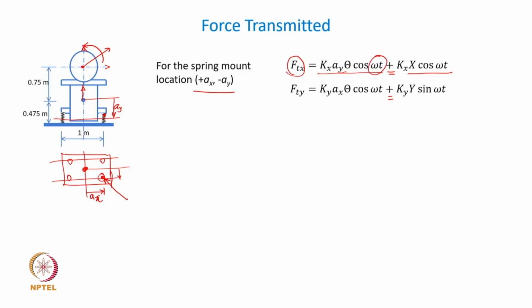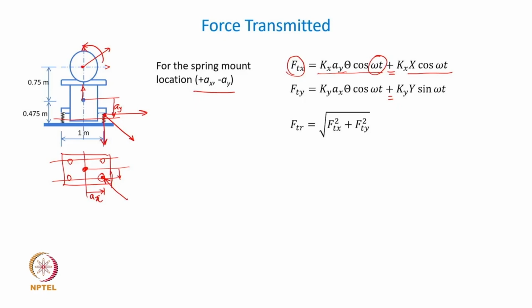Now, to find the maximum value transmitted, we will have to get the expression for the transmitted force. So, the transmitted force through this will have its x component and it will have its y component, right. So, the net force transmitted will be the vectorial sum. Okay. So, we can use the total force transmitted using this expression, and this force transmitted again will be a time dependent force.